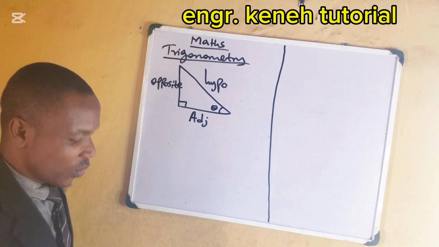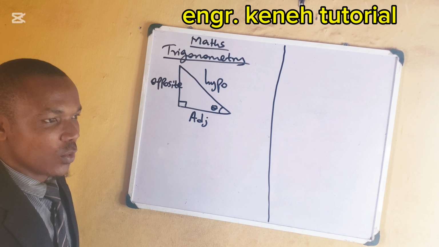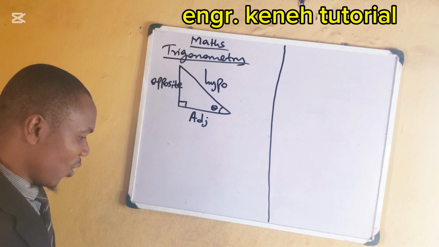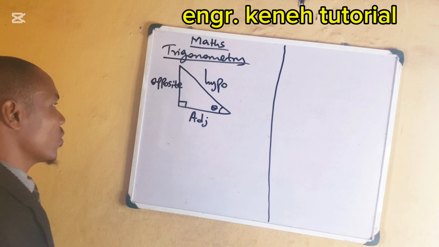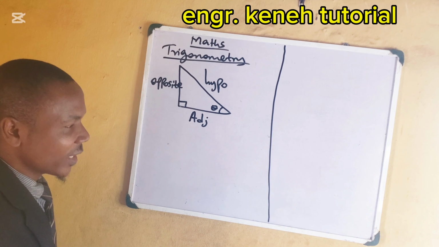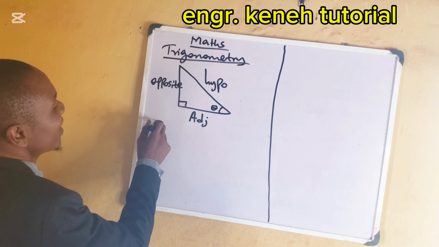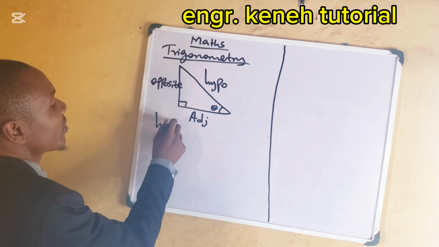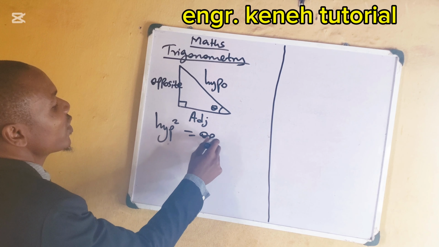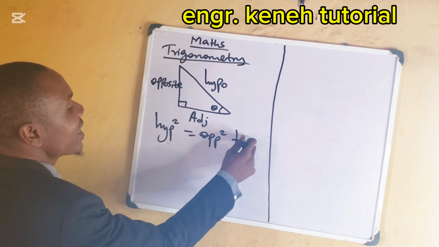Some problems may involve these three sides, where two are given to you and you'll be asked to find the value of the third one. So we make use of Pythagoras theorem, which states that the hypotenuse squared is equal to opposite squared plus adjacent squared.